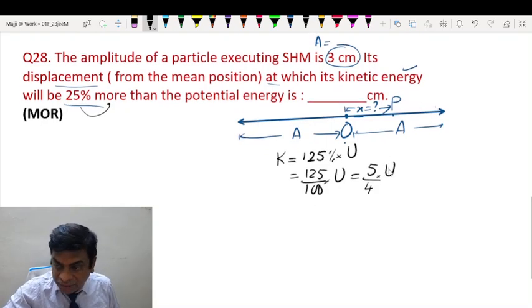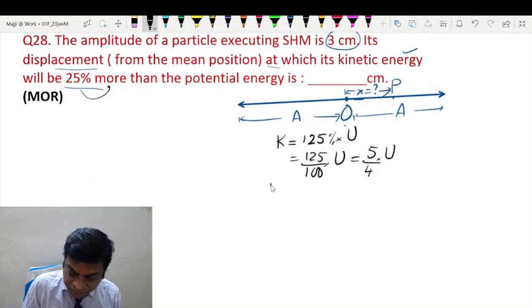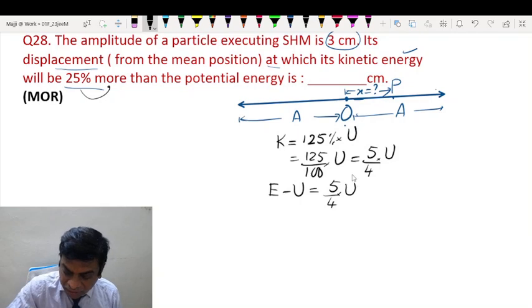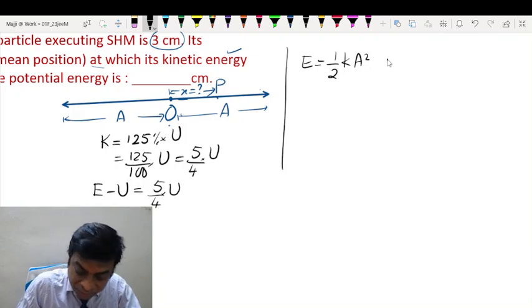Now we can express K and U in terms of x. If you don't remember the formula for K, you can write K as total energy minus potential energy. Kinetic energy is always equal to total energy minus potential energy. Now we all know, the total energy is half K a square, where K is the force constant of the SHM. Force constant is m omega square.